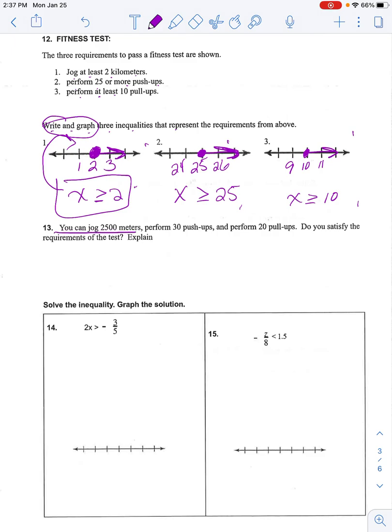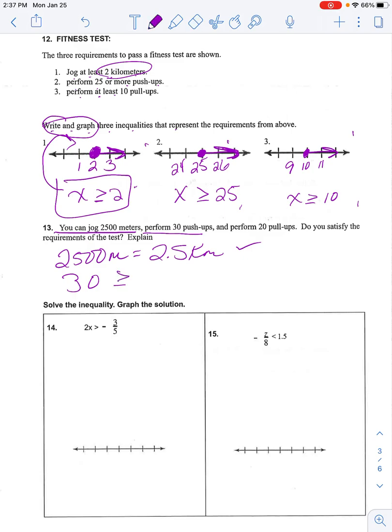So you can jog 2,500 meters. 2,500 meters is 2.5 kilometers, so that's greater than 2 kilometers. So check there. You performed 30 push-ups.